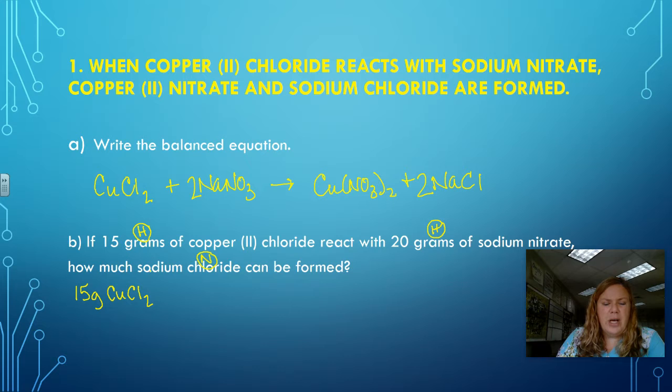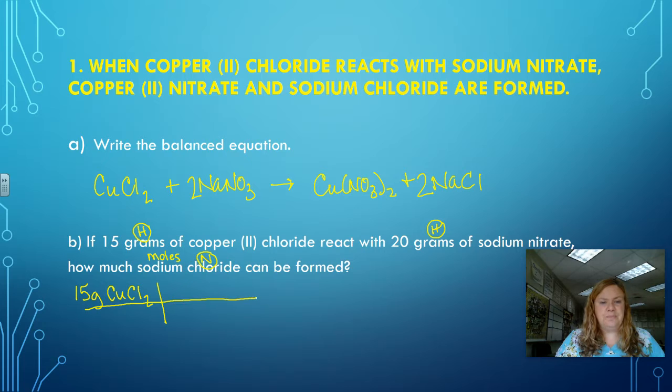And when we say how much, typically you would go with grams. If you want, you could do moles at this point when we're just determining the limiting reagent. So let's just go with moles so we can identify what the limiting reagent actually is. First, 15 grams of copper 2 chloride, and my molar mass of copper 2 chloride is about 133.5 grams for every 1 mole.